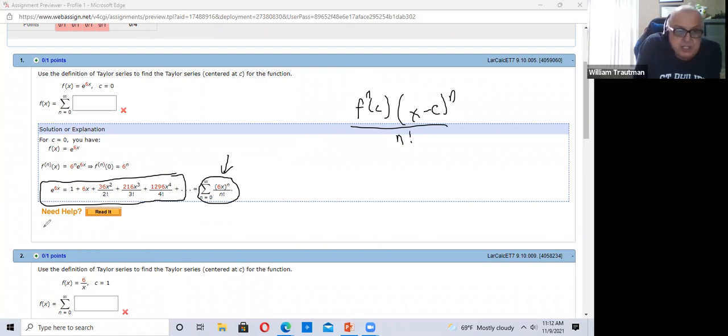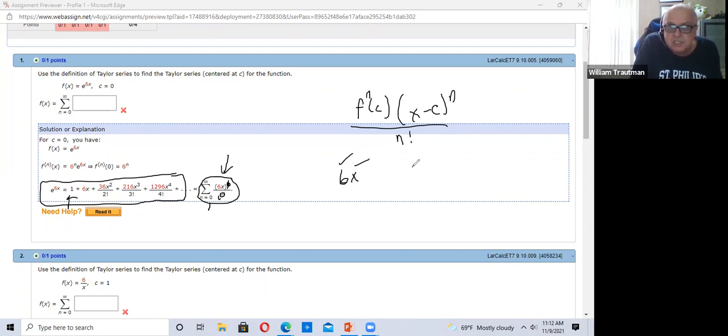If you look here, when we put 0 in for n, since we're doing 0 first, you get the 1. Then if you put 1, you get 6x. Then if you put a 2, you square this and you square this.